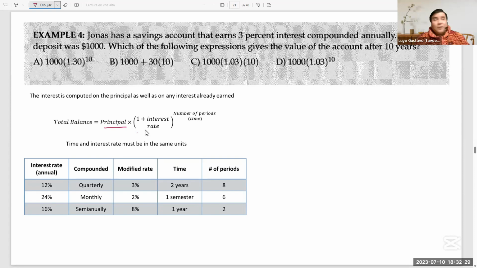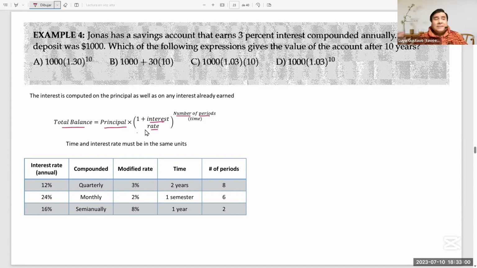And that formula is this: the total balance is the principal multiplied by this factor, which is 1 plus the interest rate expressed as a percent, raised to the duration of the investment, which is the number of periods in which you actually receive additional interest. This formula has different variations, but the idea is this.